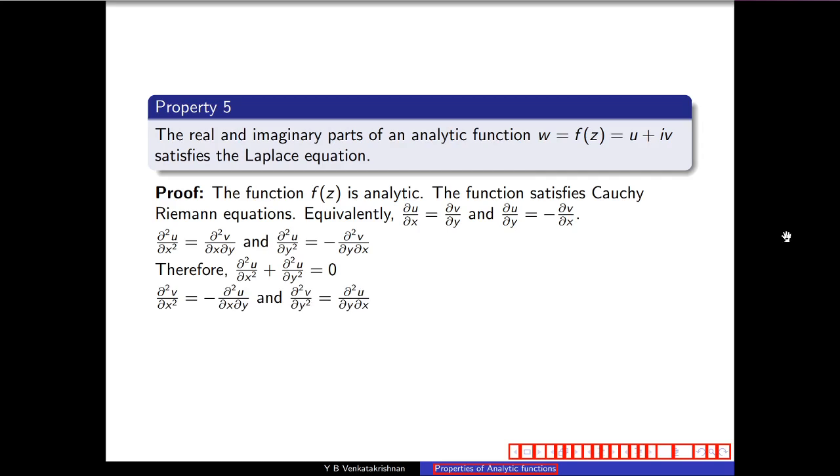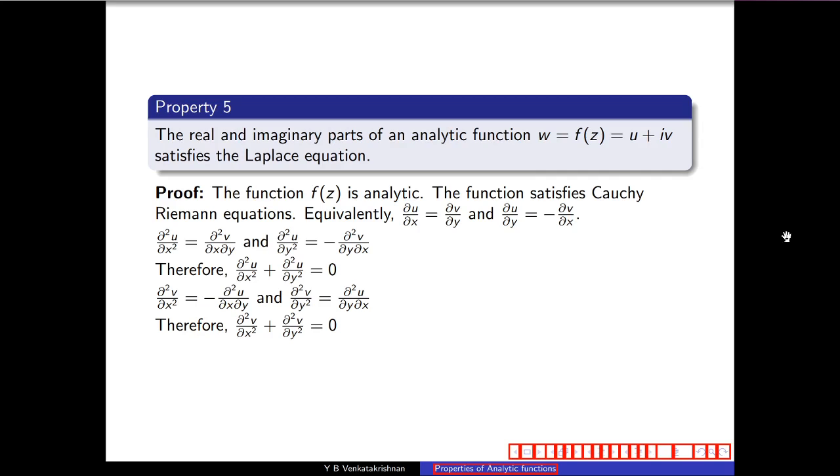Similarly, when I differentiate dou v by dou x and dou v by dou y partially with respect to x and y, and using the arguments that I have given just now, I get dou squared v by dou x squared plus dou squared v by dou y squared equal to 0. And from that, I can conclude that the real and imaginary parts of an analytic function satisfy the Laplace equation.